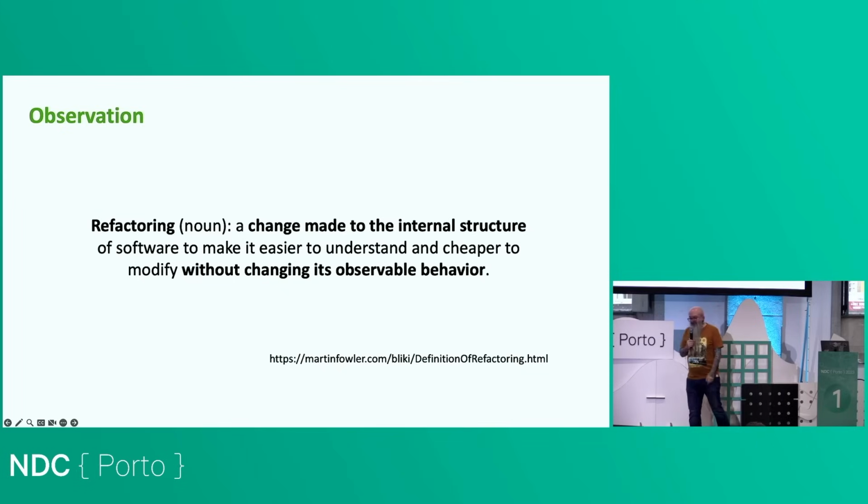Right. So we can understand what we should be doing better if we look at refactoring. So this is Martin Fowler's definition of refactoring. A change made to the internal structure of software to make it easier to understand and cheaper to modify without changing its observable behavior. So refactoring is very clear, right?